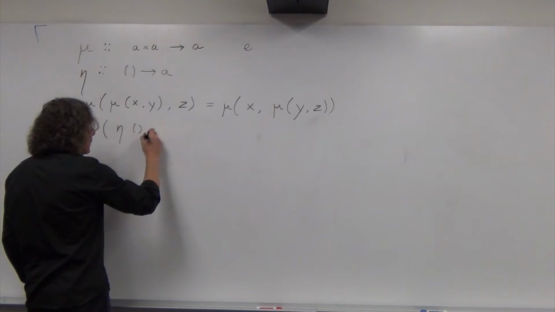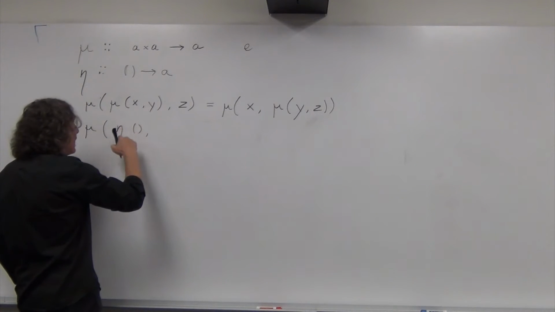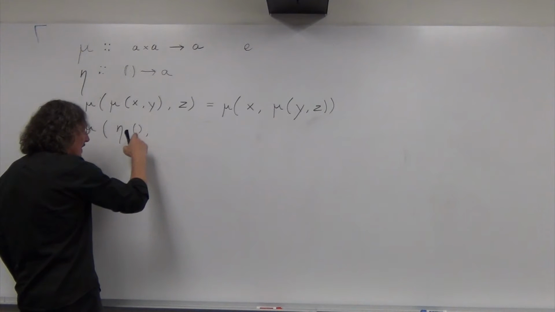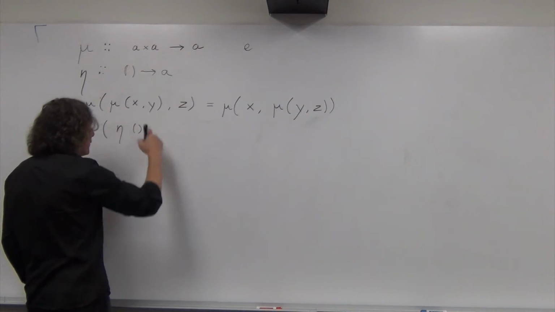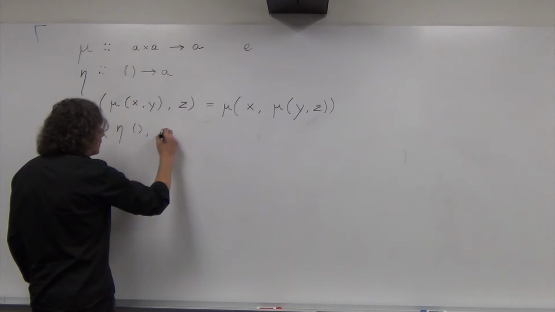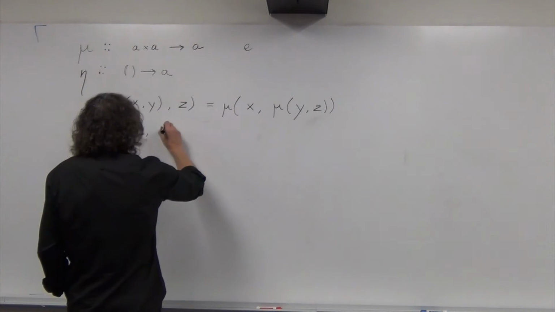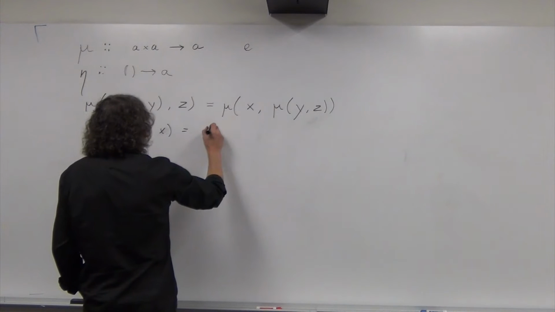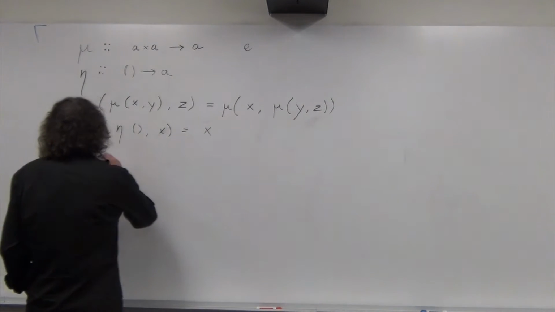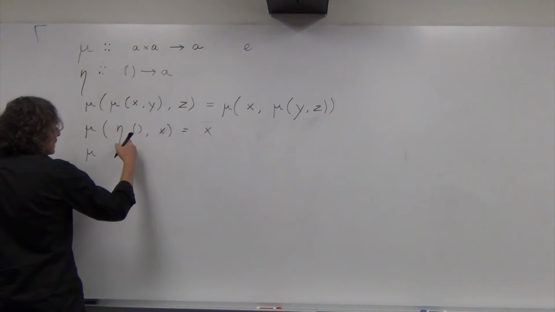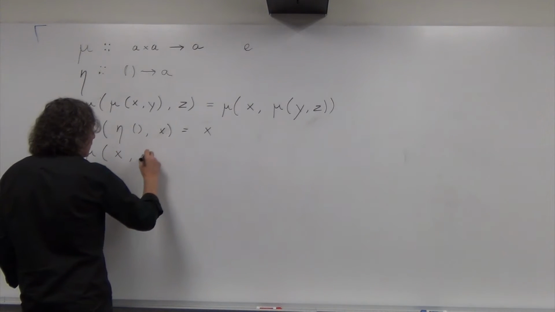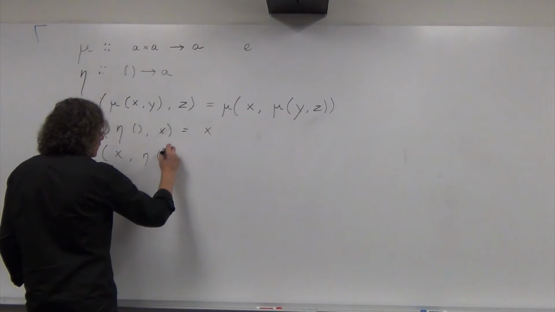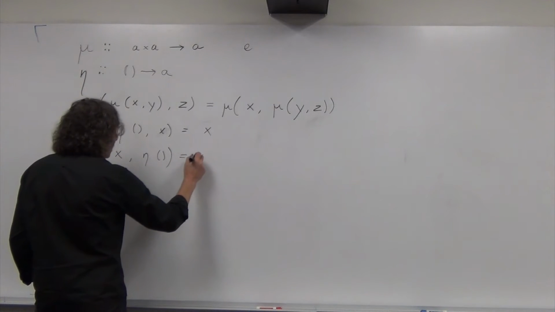Eta acting on a singleton element gives the unit element in A. And this multiplied by some x should give you back x. This is the left unit, and there's also the right unit, x times eta equals x.